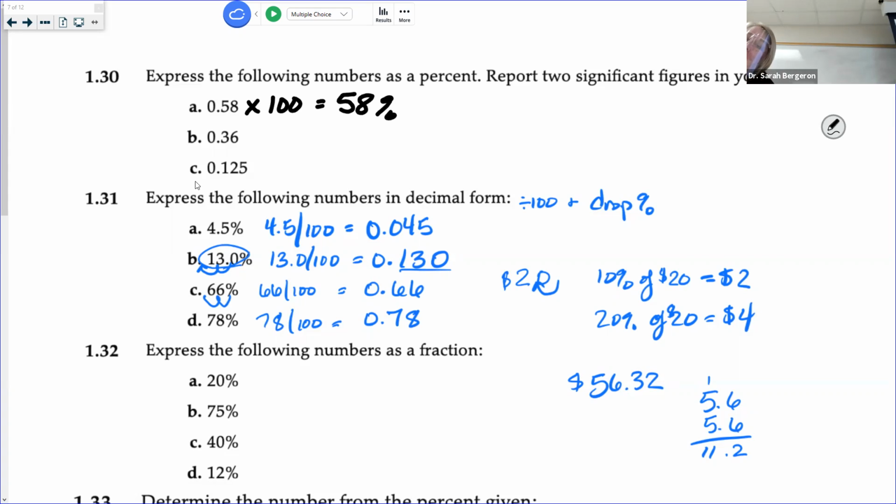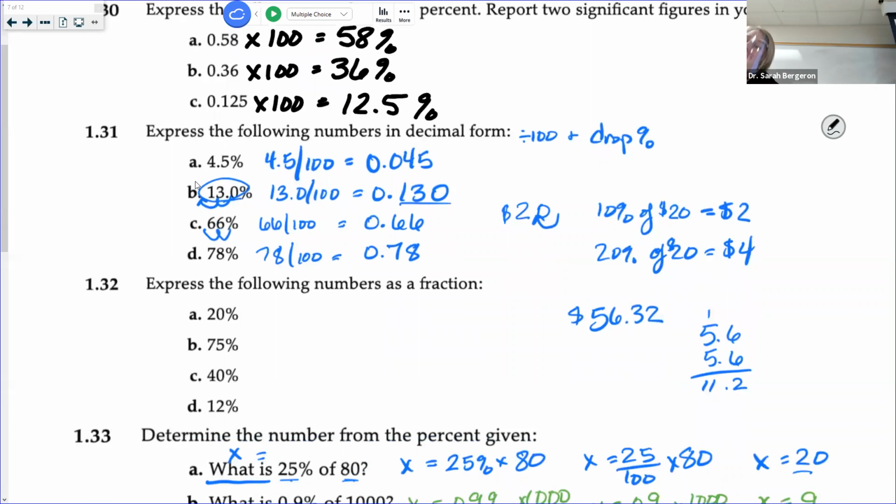Yes, you should always check that. So B, same thing, just multiply by 100. What do you get? 36%. Multiplying by 100 is just moving the decimal place twice. That's all it is. Multiply by 100, what do you get? 12.5%.